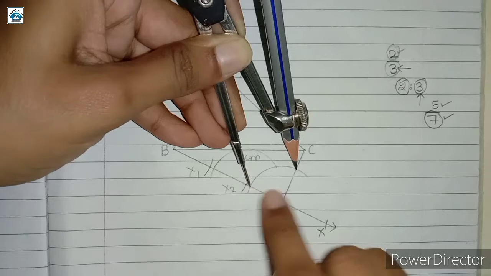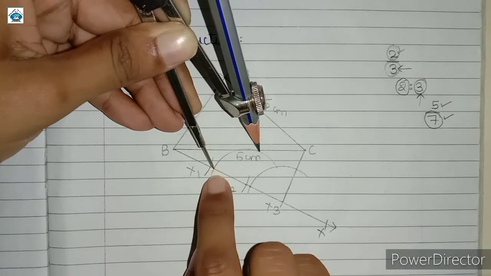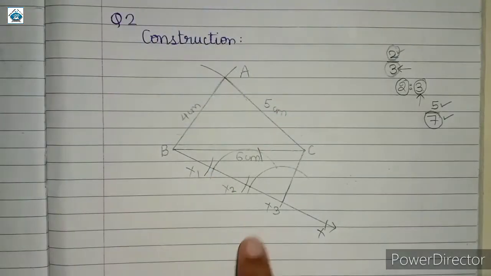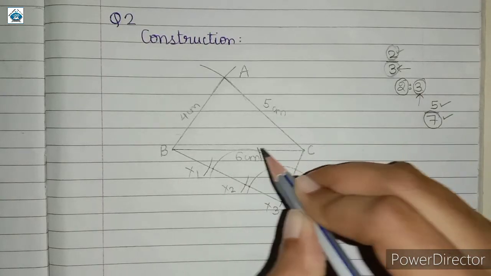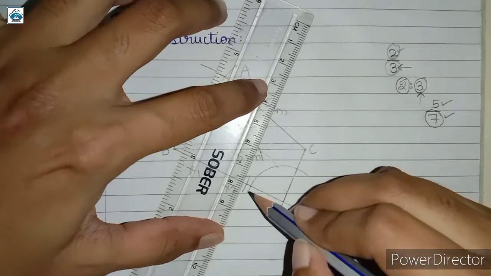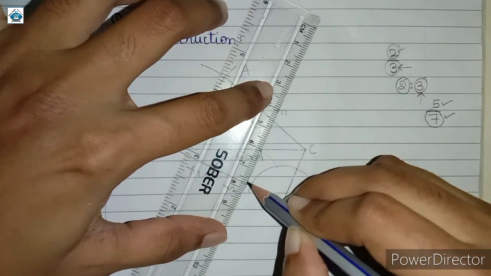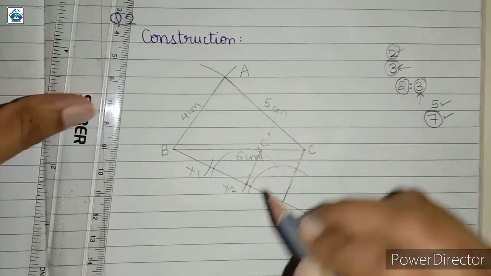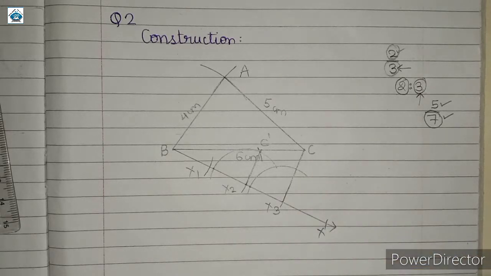Here, taking this distance as the radius, keeping the center pointer at this point of intersection, draw an arc. Here we have the point of intersection which is very close to one side of the triangle. Simply join x2 and this point like so, and here we have parallel lines. x2 C dash is parallel to x3 C.